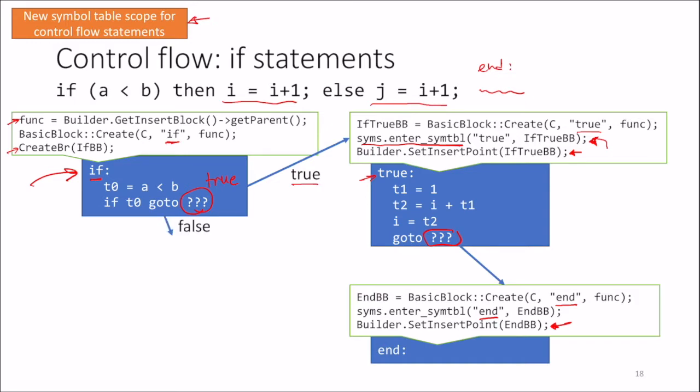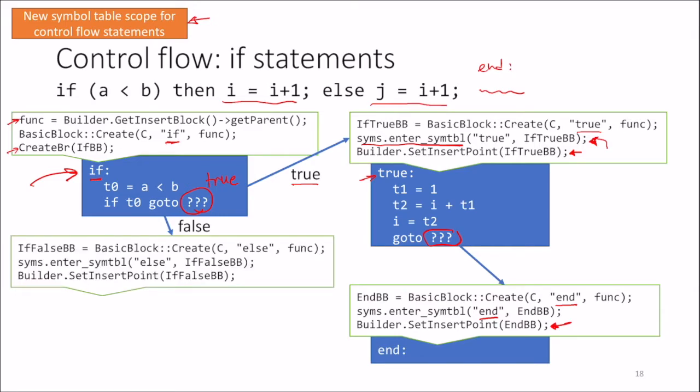What happens if it's false is we create an else block. We call that else, and here I'm calling it the if false basic block. The same idea applies whether you have an else statement or not. In some cases, you might just have an if then statement, in which case this false would end up going all the way to the end because there's no else statement.